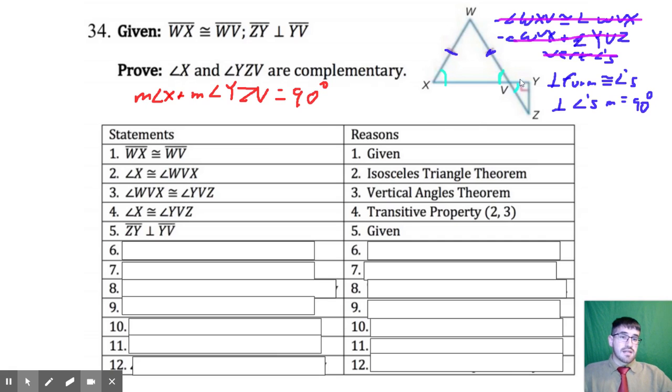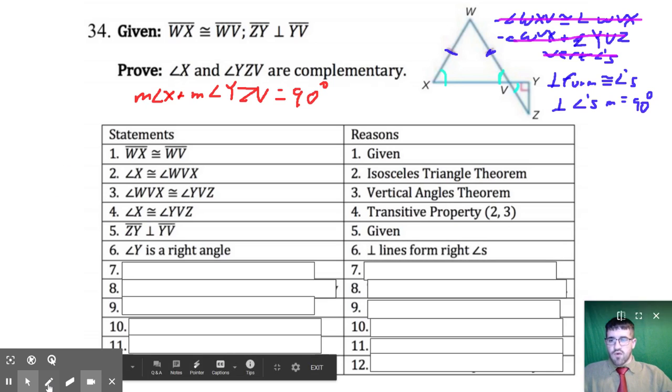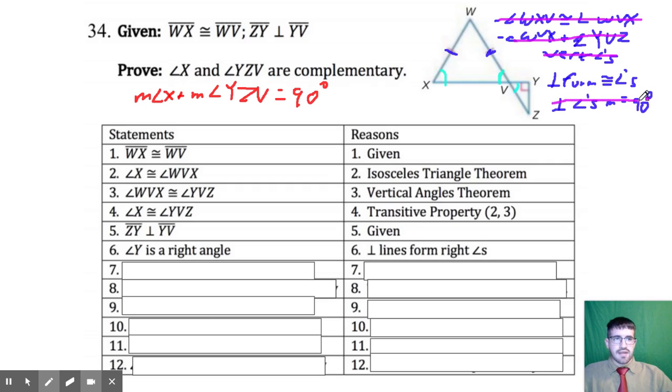Now we know that there's an angle formed here, angle VYZ or angle ZVY, or angle Y if you're not using the 3-point notation, is a right angle, because we know perpendicular lines form right angles. And that bit of information we already dumped down right here.